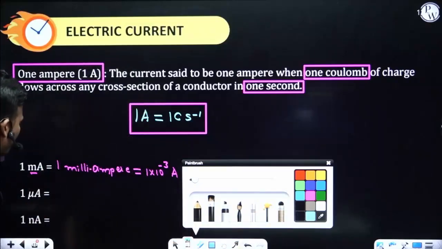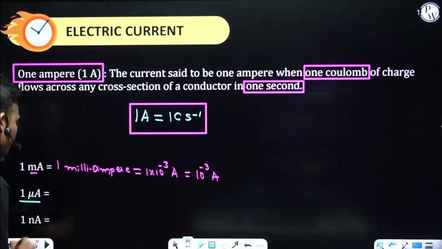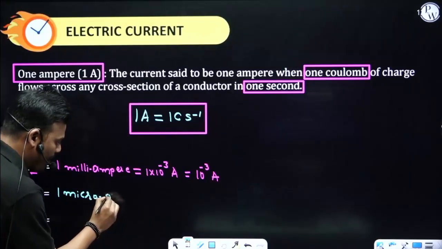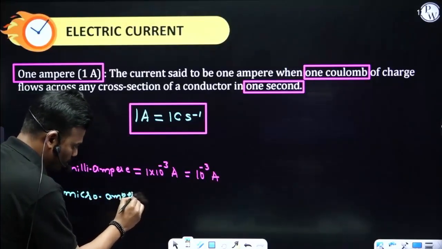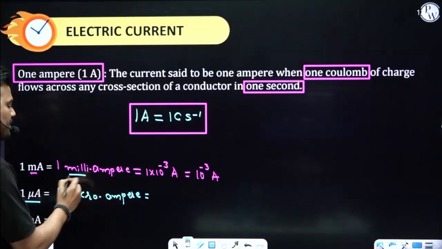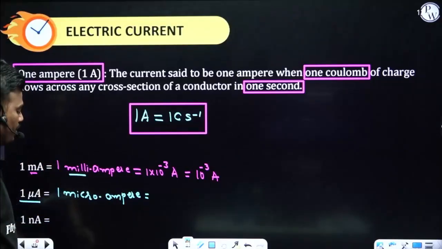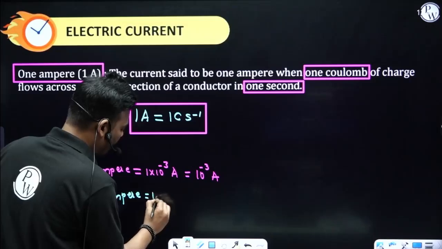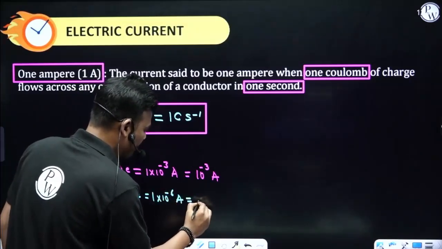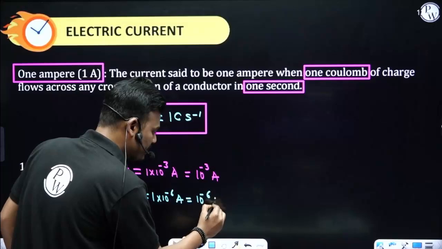Second one, 1 microampere. Milli means 10 power minus 3. Micro means 10 power minus 6 ampere. So this can be written directly as 10 power minus 6 ampere.